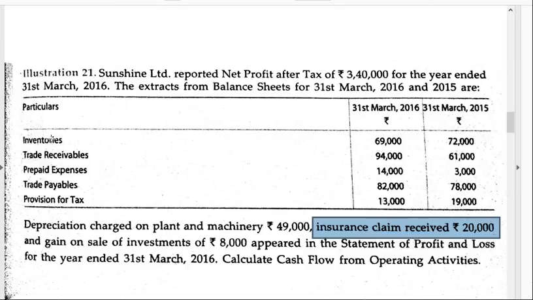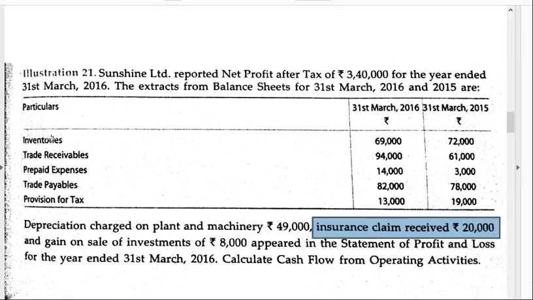Inventories, this is our current asset. Trade receivable, this is our current asset. Prepaid expenses, this is again our current asset. Right? Trade payables, this is our current liability. Provision for taxes, we have already adjusted. Depreciation charged on plant and machinery, rupees 49,000.